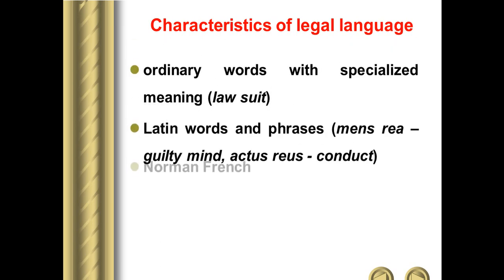In legal language, we might use ordinary words with specialized meaning. For example, you know the word suit in its general meaning, the custom, right, the suit. But what does the term lawsuit mean? Is it a custom of law? No, right? Lawsuit, law case.